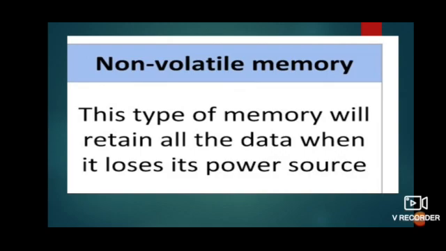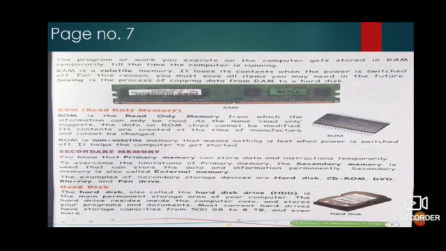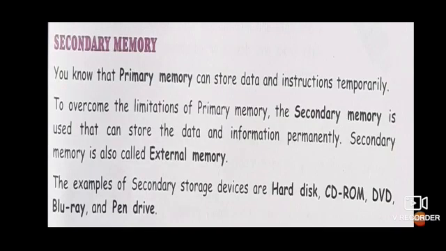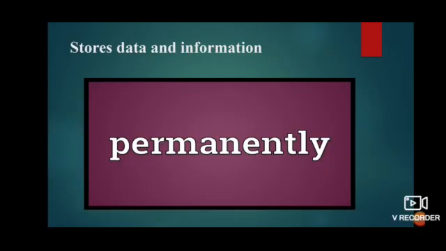Now next, page number 7, secondary memory. We all know now that primary memory is temporary memory, right? So now secondary memory, which is a permanent memory, means it stores data and information permanently.